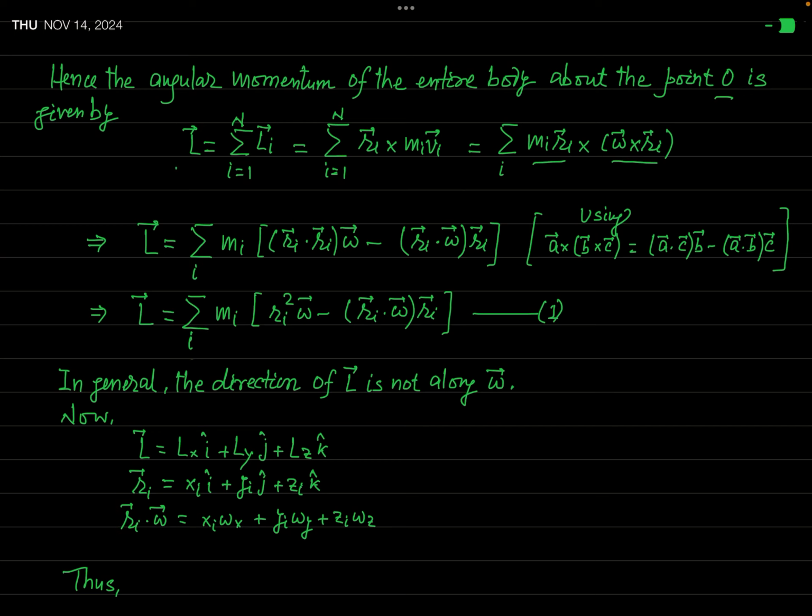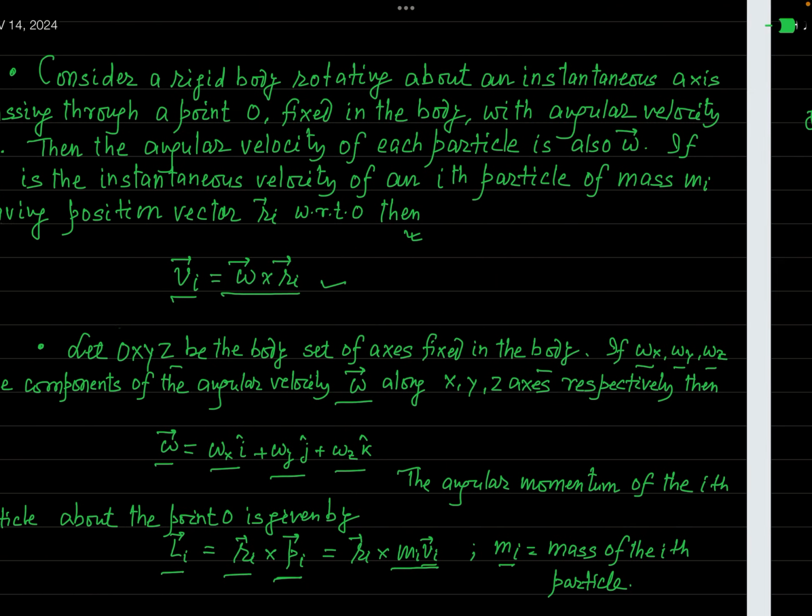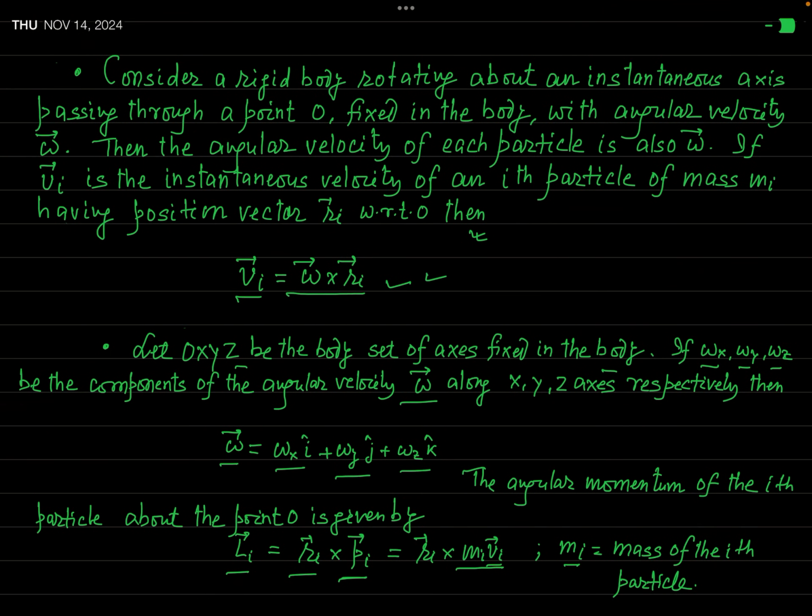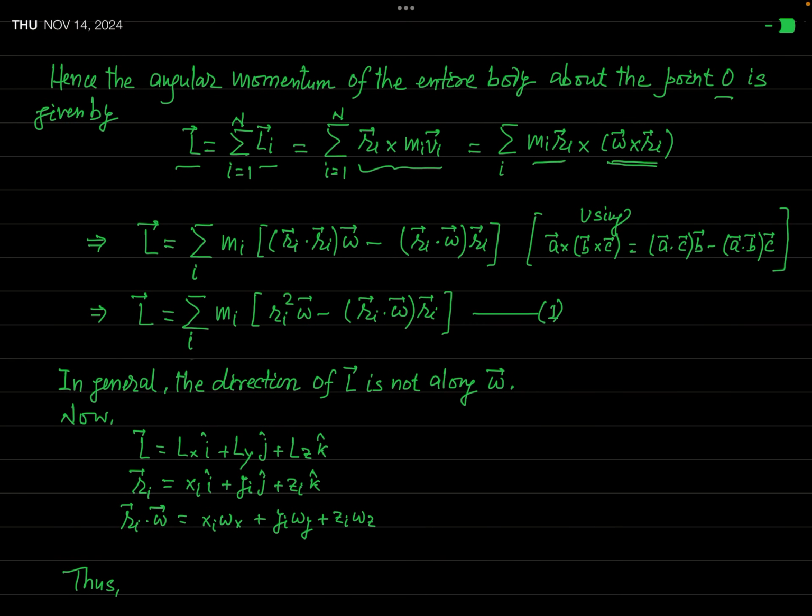So, if L denotes the angular momentum of the entire body, or the given rigid body, about the point O, then this is equal to the summation over i from 1 to n of Li. But Li we have seen is Ri cross mi Vi, and you can replace this Vi by omega cross Ri, as you can see here. Okay, so I have written it.